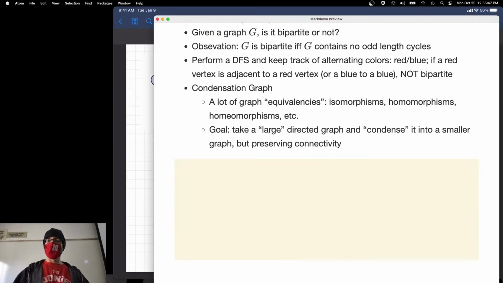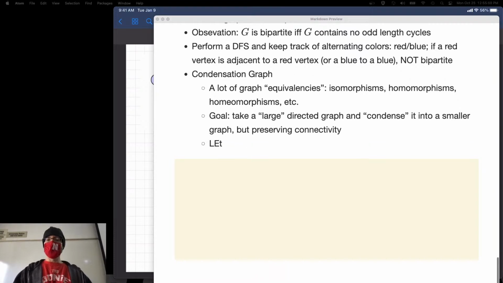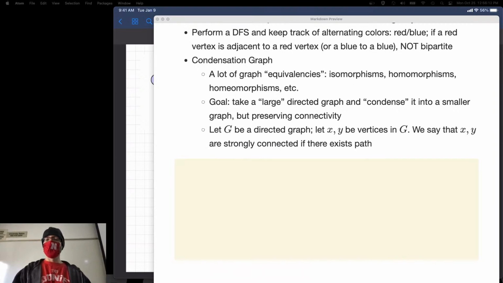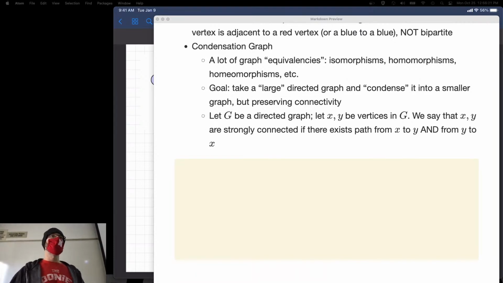So let G be a directed graph, and let X and Y be vertices in G. We say that X and Y are strongly connected if there exist paths from X to Y and from Y to X. Why do we say they're strongly connected? Because if I'm at X, I can get to Y. And if I'm at Y, I can get to X.